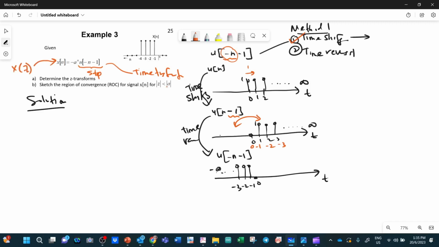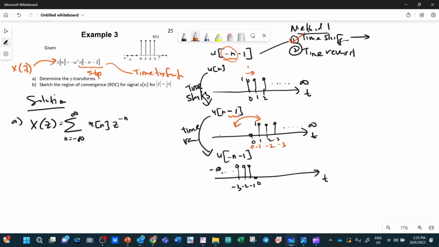Find what is X(z). Right? So if you want to find X(z), then you need to know the general equation. So for A, the general equation of X(z) is given by the summation of n from minus infinity to infinity, x[n] z^(-n).